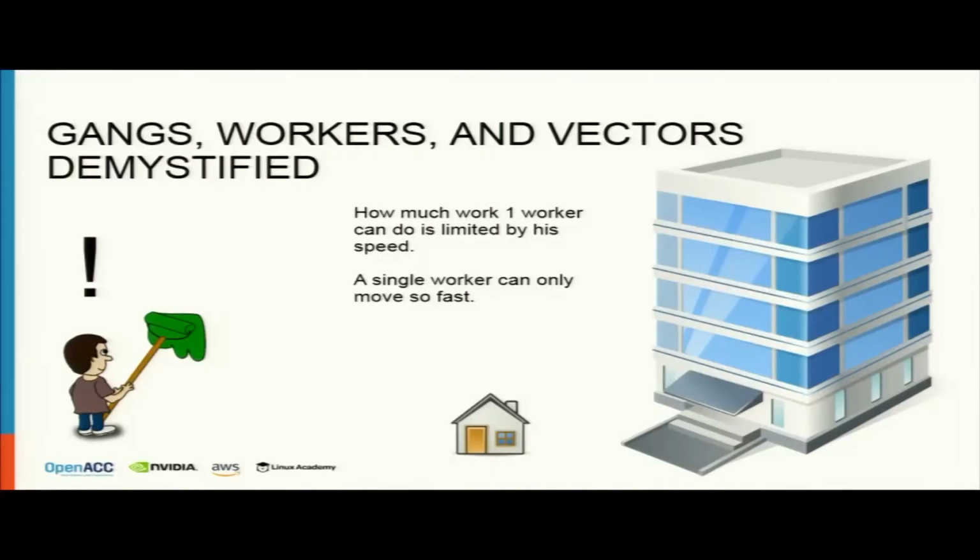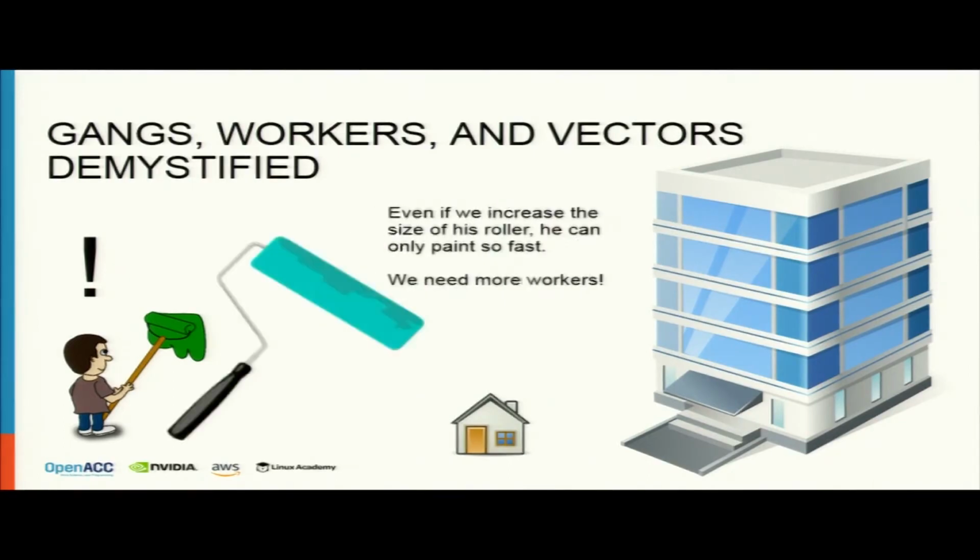Now, I don't know how many of you have seen somebody painting a house, but how much work can one worker do? A single worker can only move so fast. If you have seen the newer ways people paint, they have a very specialized roller, which is much wider. If a painter is just using a brush, he will have just one stripe.